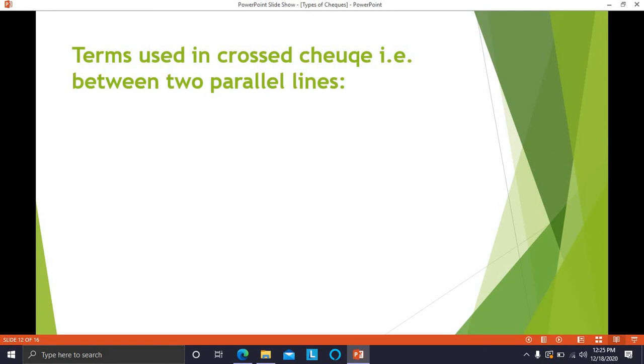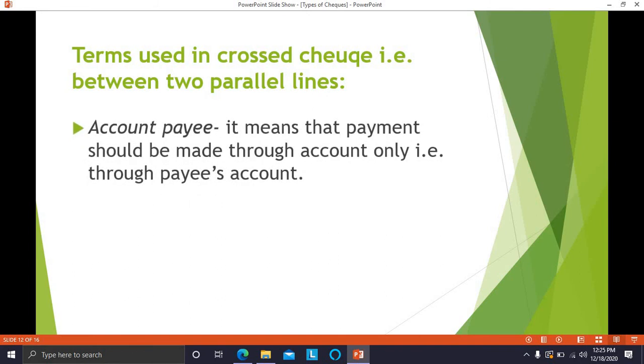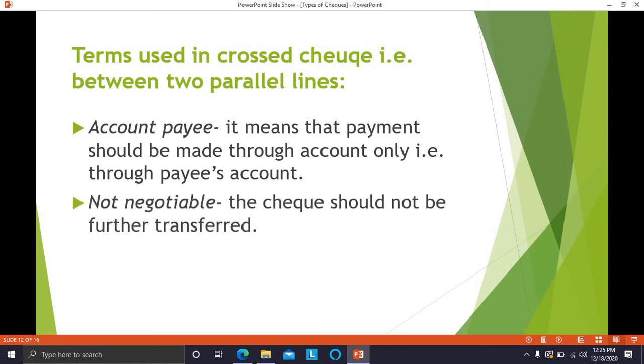Terms which are used in a crossed check, that is, in between two parallel lines. Which terms are used? So, account payee. Account payee means the payment should be made through account only, that is, through payee's account. Not negotiable. Not negotiable means non-transferable. So the check should not be further transferred. It cannot be further transferred.